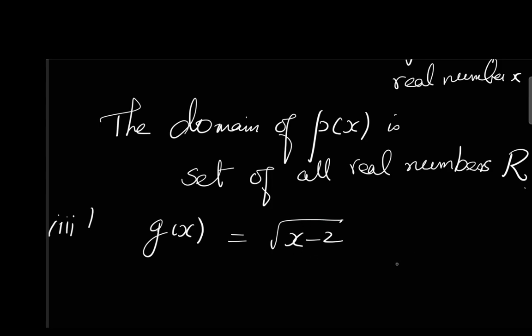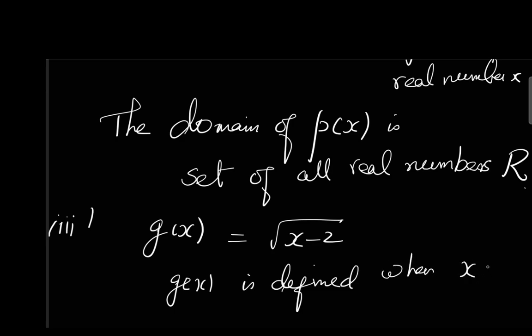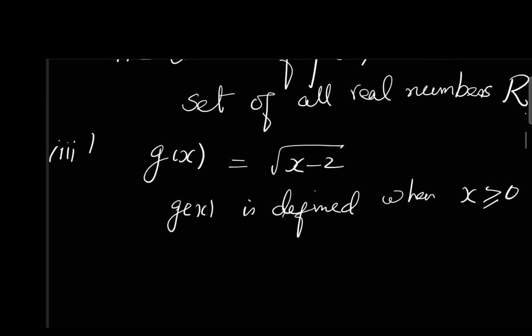It should always be non-negative. So g(x) is defined when x − 2 is greater than or equal to 0.